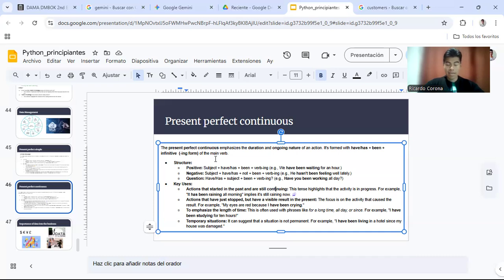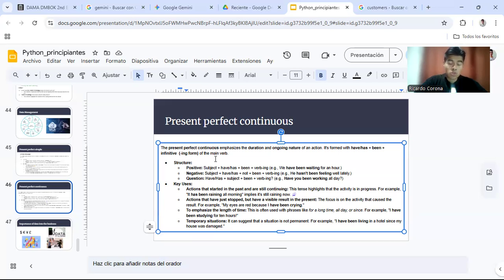It started in the past and is still continuing at this moment, to emphasize the length of time. This is often used with phrases like for a long time, all the day, or since. For example, I've been studying for 10 hours.